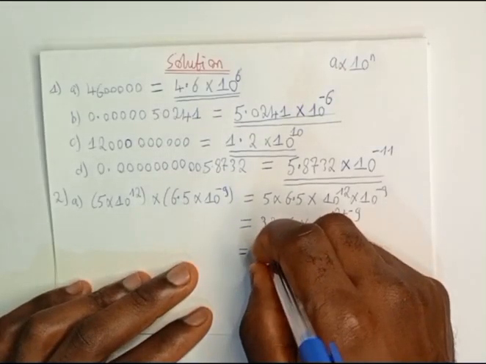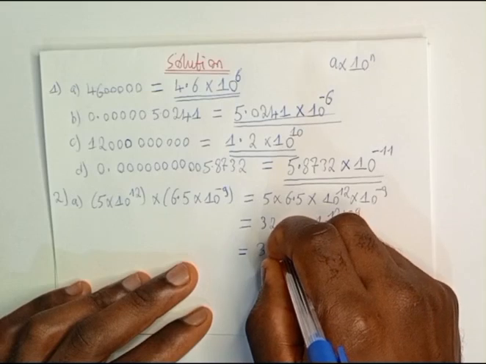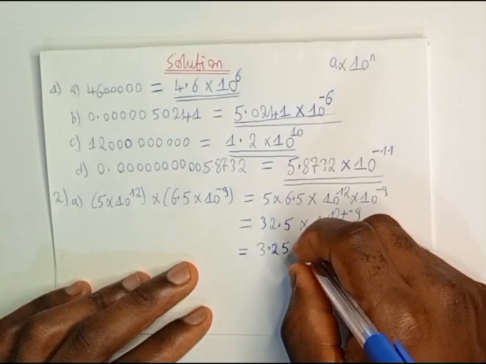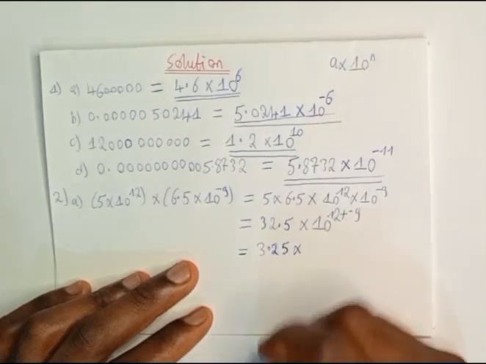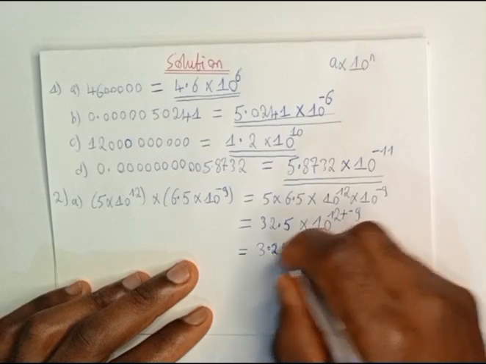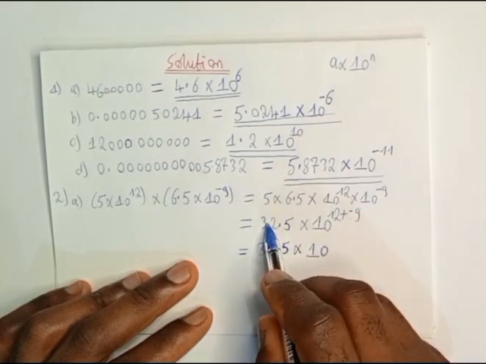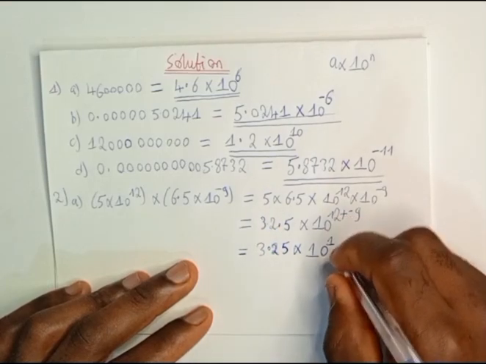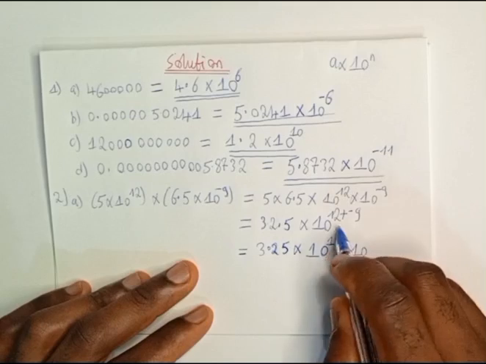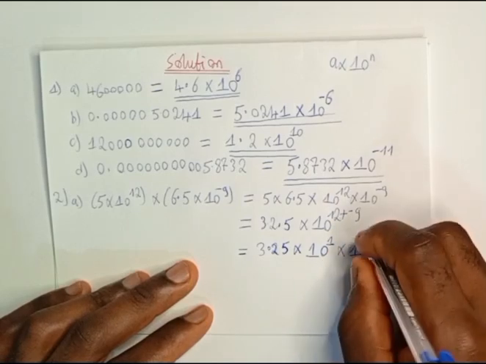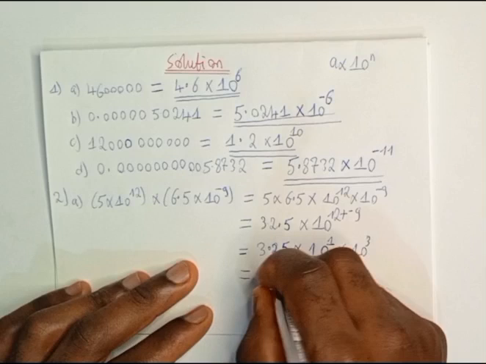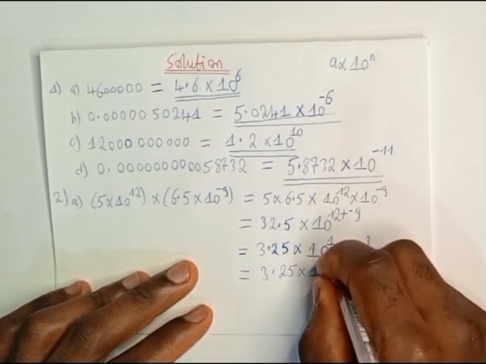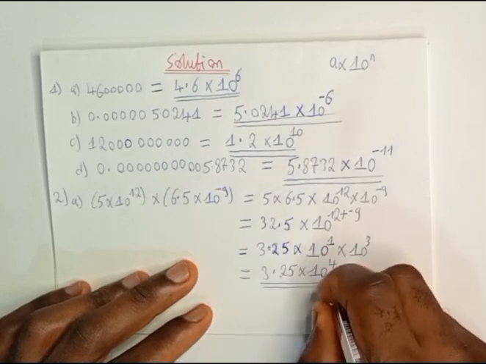This will give us 3.25 times 10 to the power, between the new decimal point and the initial decimal point we have just one digit, times 10 to the power 1 times 10 to the power 12 plus negative 9 is equal to 12 minus 9, which is 3, and this will give us 3.25 times 10 to the power 1 plus 3, which is 4. This is the final answer.